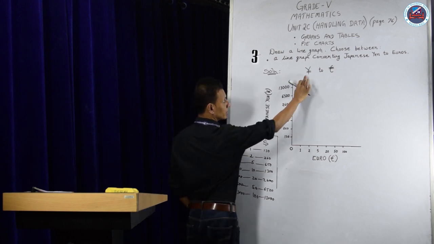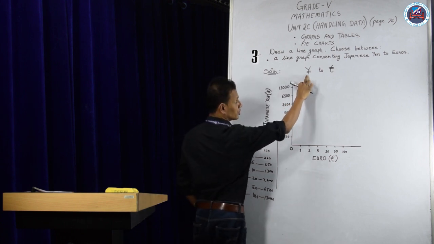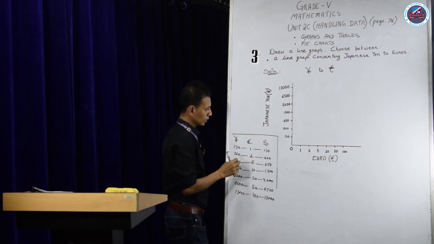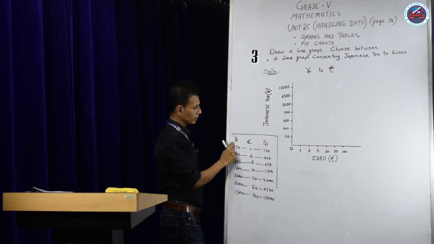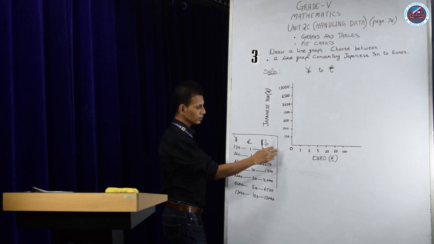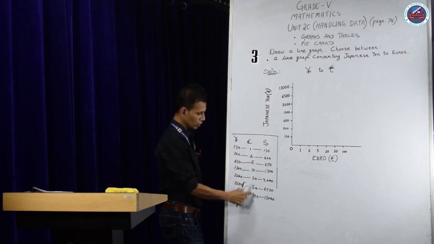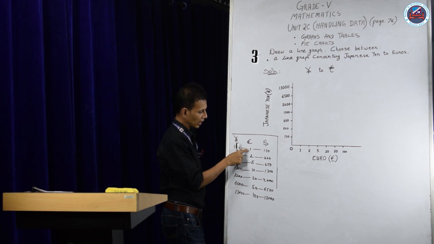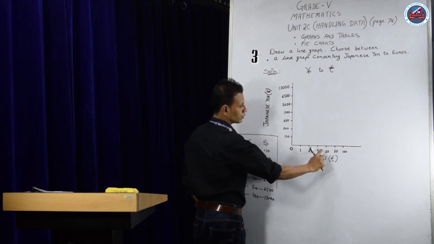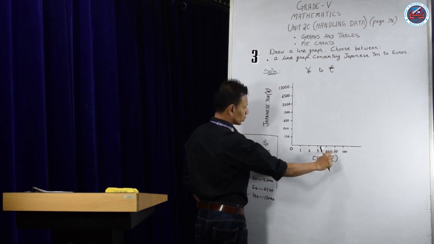Since you are converting Japanese yen to euro, look only at these two. So here in euro you have 1, 2, 5, 10, 20, 50, 100.